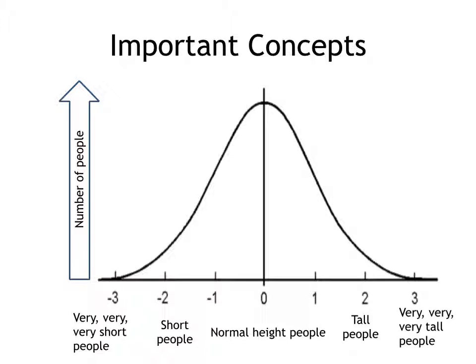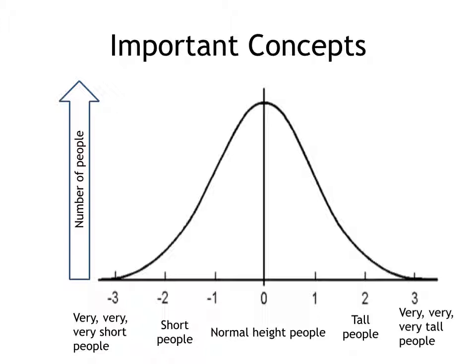So let's take an example. This is not from education, but we'll use height because it's easy to understand. As the bell curve gets taller, that means the frequency of that score is increasing. So you can see right in the middle, the number of people that are normal height, and we're going to call that the mean, that's where most of the people are. They're normal in height.